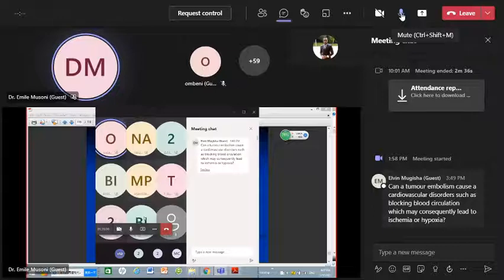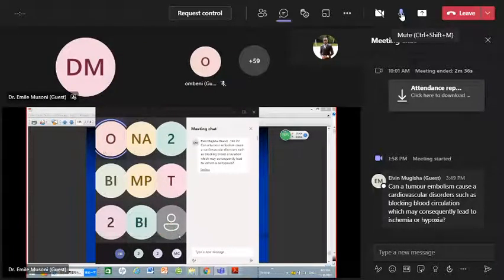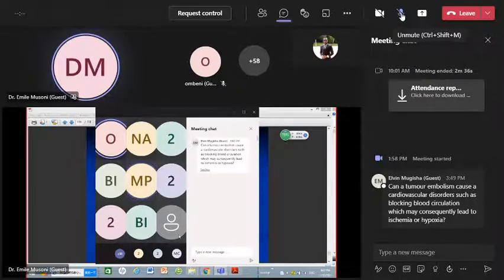Okay. So those tumor embolisms will cause metastasis. This one will be a poor prognosis.